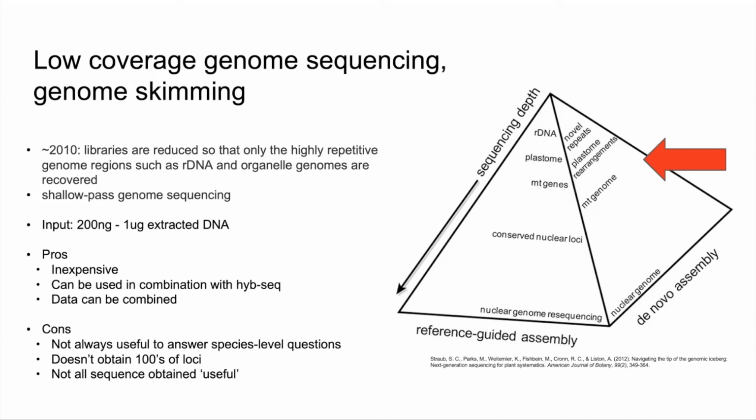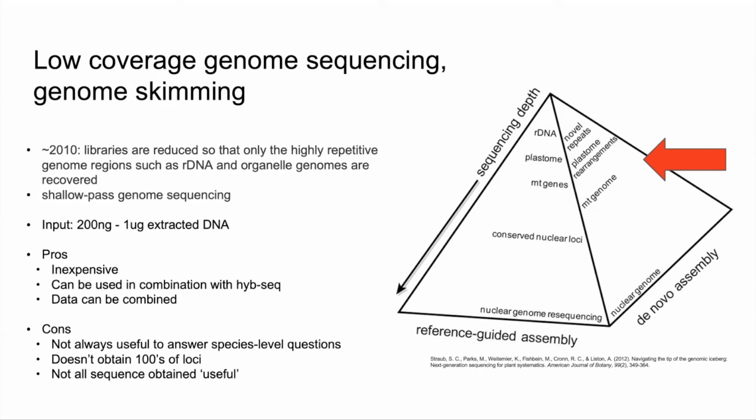If we sequence more shallowly, we can detect things like ribosomal DNA, the plastome, rearrangements and repeats, mitochondrial genes, and those sorts of things, but we won't necessarily get at the conserved nuclear loci or the entire genome. So for this method, you need up to a microgram of extracted DNA, so not too much. You can get that from half a gram or less of a leaf, dry weight.